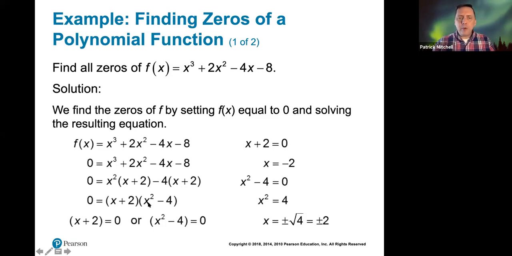Since x plus 2 times x squared minus 4 is equal to 0, that must mean that one of these factors, either x plus 2 or x squared minus 4, is equal to 0. If x plus 2 is 0, of course that means x is -2. And if x squared minus 4 is 0, that means x squared is 4. And that means x is either the positive or negative square root of 4, which means x is either plus or minus 2. So the zeros of this polynomial are -2 and 2.